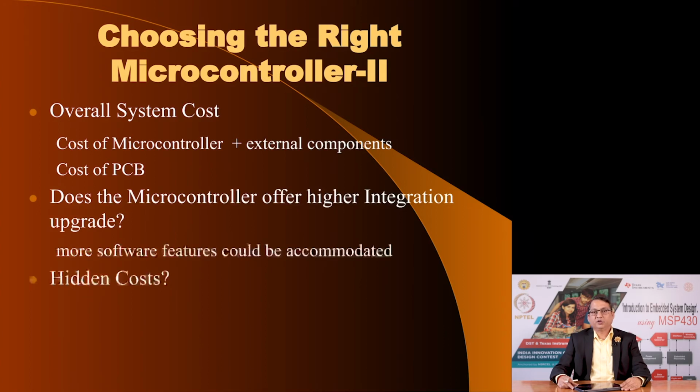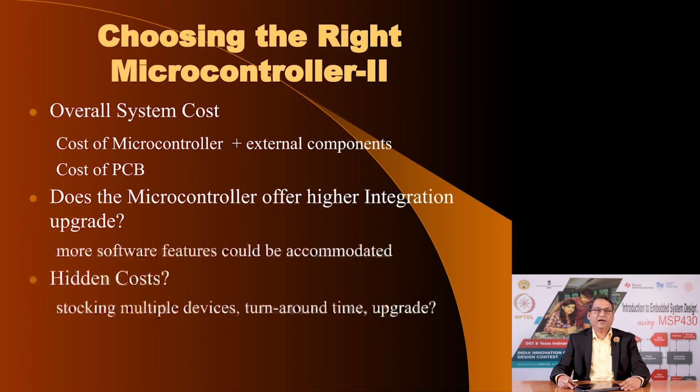And then what you must also consider is the hidden cost of the development or the production. What I mean by hidden cost? For example, suppose your company is making 5 products, and if these 5 products use 5 different microcontrollers, then the impact is that for maintaining a certain supply of your products, you will have to maintain a large inventory of all those 5 microcontroller chips that you are using for 5 products.